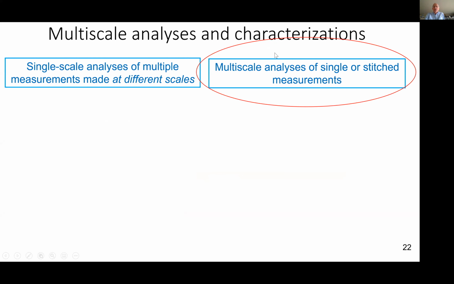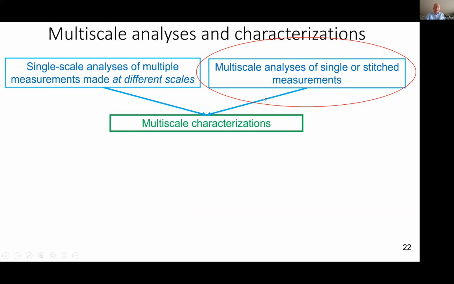And there are multiple scales in a single measurement, starting at the sampling interval and going up to the size of the measurement. So that's why there's a circle around this one. This is the one that we prefer at this state in microscope development. Anyway, from these multi-scale measurements, or exploiting the different scales in the measurements, we can do multi-scale characterizations.